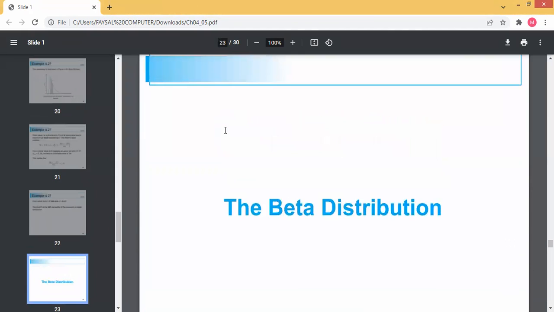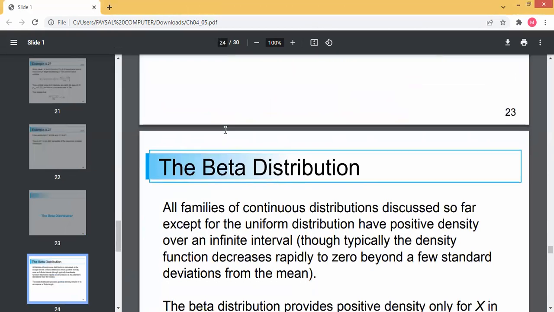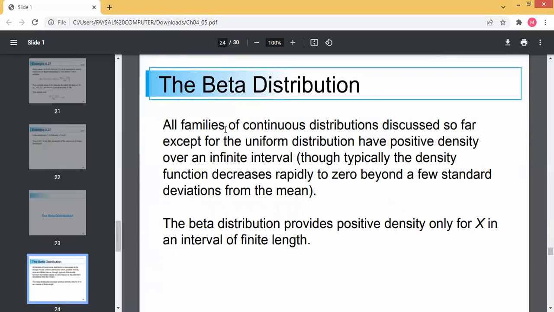Now next is the beta distribution. All families of continuous distributions discussed so far, except for the uniform distribution, have positive density over an infinite interval. Typically the density function decreases rapidly to zero beyond a few standard deviations from the mean.